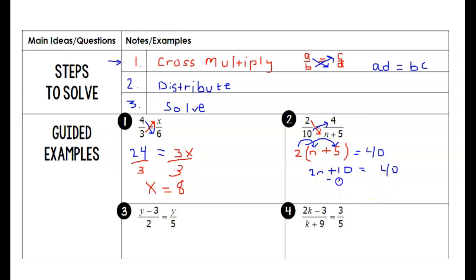I can go ahead and solve. Subtract 10. And I end up with 2n equals 30. And then I'm going to divide by 2 on both sides. And I end up with n equals 15.